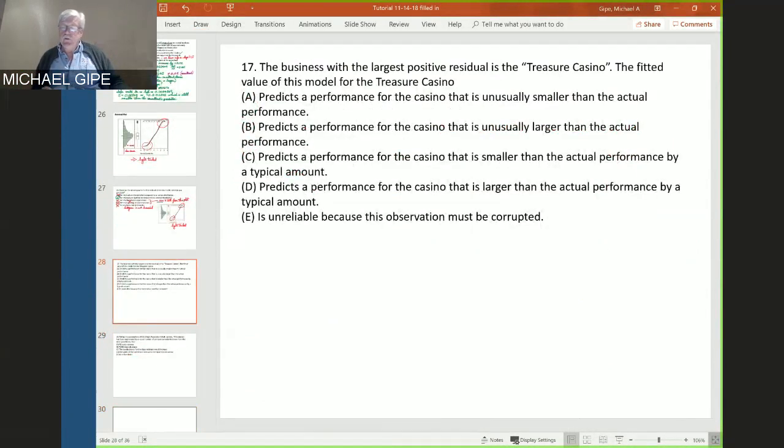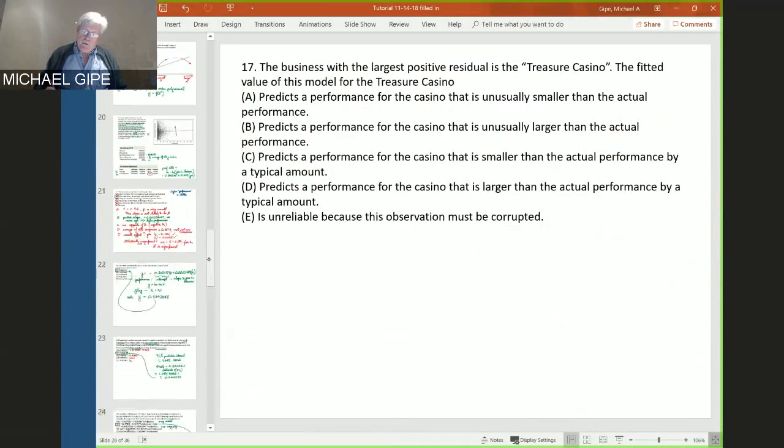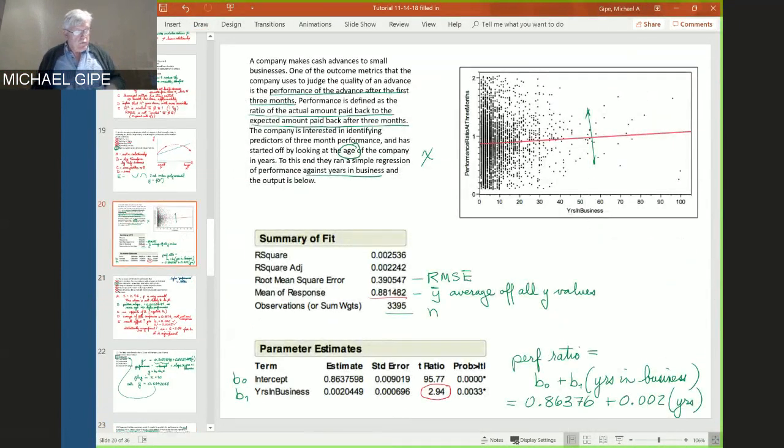How about the business with the largest positive residual is the Treasure Casino. The fitted value of this model for the Treasure Casino does what? Did we have a scatter plot here? Yeah, we did. So the largest positive residual, kind of hard to tell. We have so many dots here, it's hard to tell which one's the largest, but one of those is way up in the positive direction, so it's bigger than the regression line. So something way up, something up here in that region.